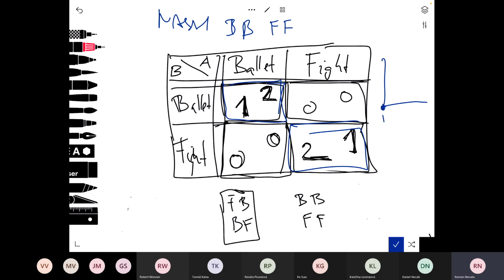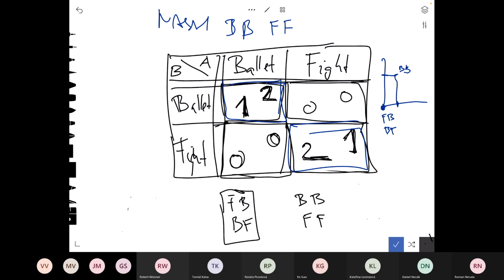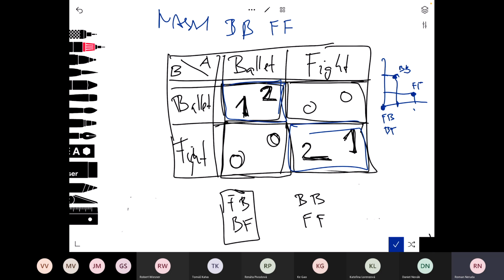FB and BF are 0, 0, and then BB is 1, 2, and FF is 2, 1, right? So BB and FF are Pareto optimal. The FB and BF are dominated by BB and FF. So Nash is BB and FF. Pareto optimal is also BB and FF.